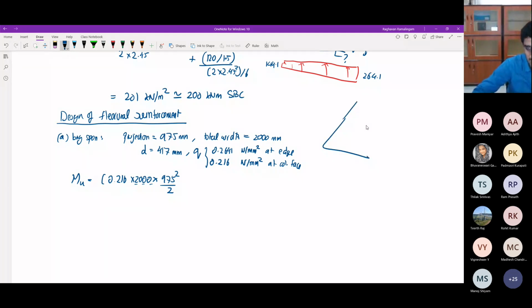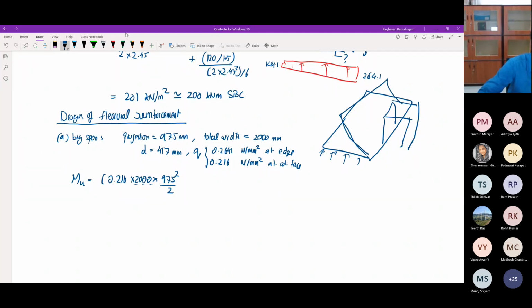So if this is the column face, I have a moment, and I have load acting everywhere here. So this part tends to bend, no?